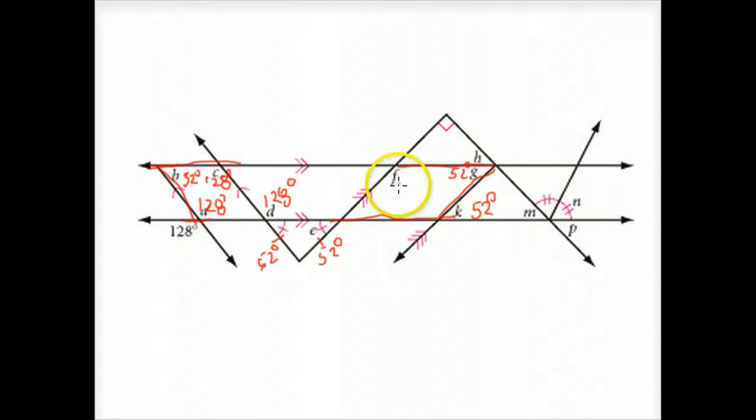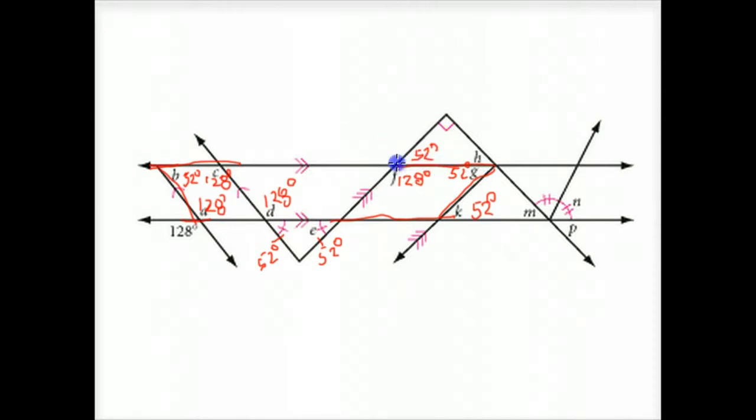So 180 minus 52, we already know what it is, 128 for F. Okay. Now, we don't have a linear pair here, but we have a linear pair here. So 180 minus 128, this is 52 degrees.